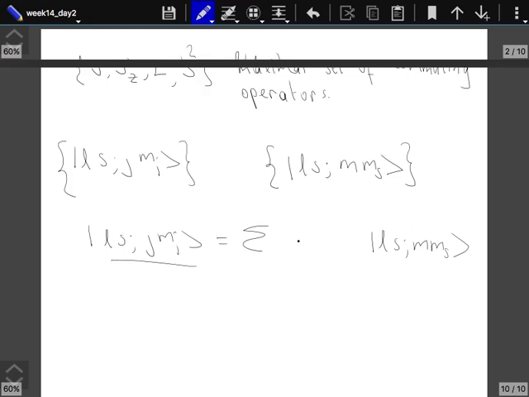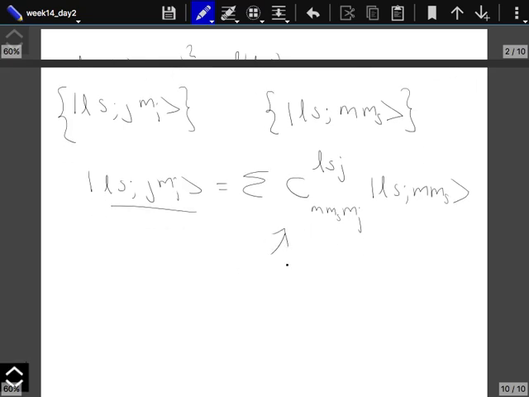Well, those coefficients will depend on L, S, J, Mj, M, Ms. And those coefficients are what we call the Clebsch-Gordan coefficients.